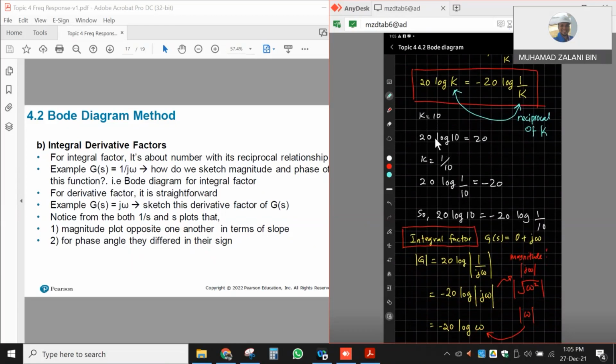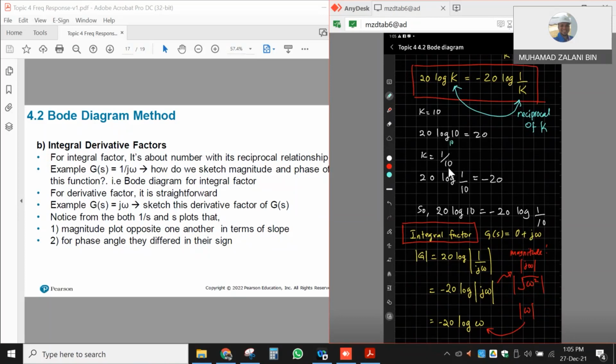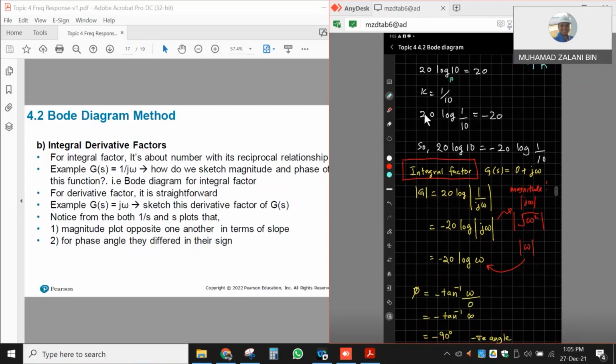Log 10 of 10 becomes 1, so it is 20. But for the reciprocal of k, which is 1 over 10, if we substitute in power decibel, 20 log 1 over 10, we get negative 20.